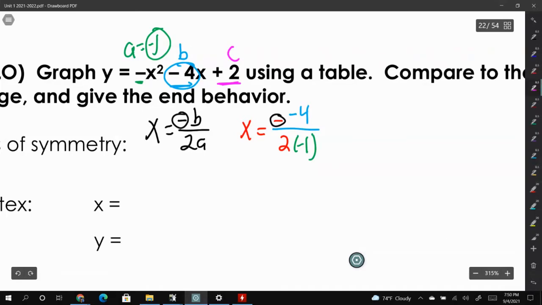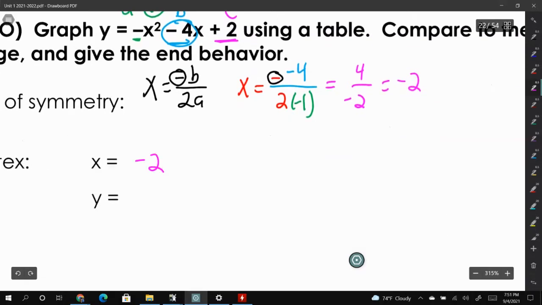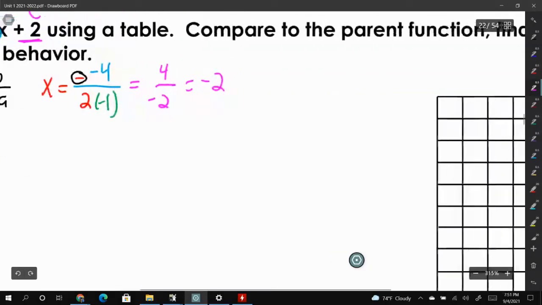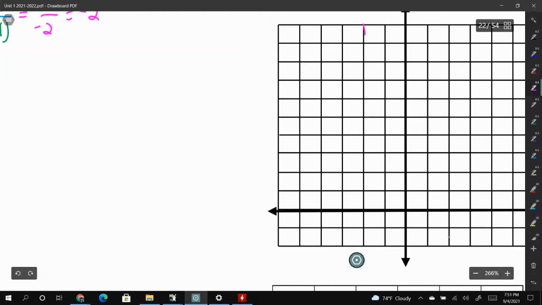So now let's simplify all this. Negative -4 gives us 4 over -2, which equals -2. So that means the x-coordinate of our vertex is -2. We'll go over to our graph. Here's -2.